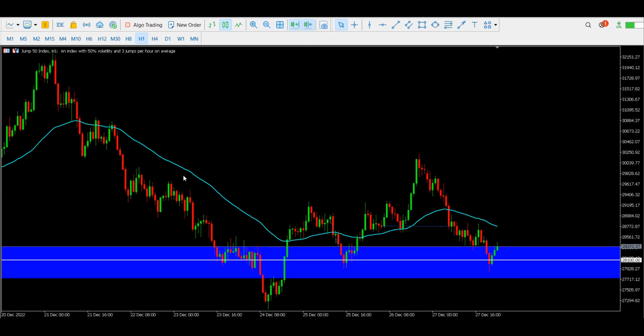Moving down to the 1-hourly time frame, we can clearly see how we had a shift in market structure also on the hourly time frame, from a temporary bearish market structure to a bullish market structure.